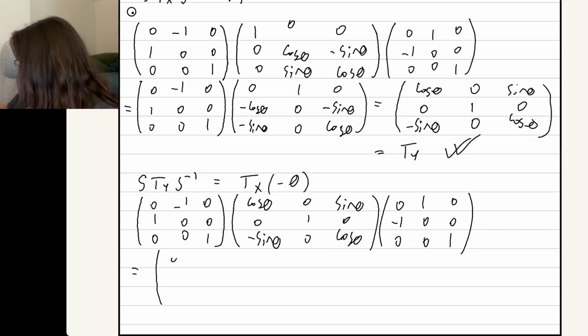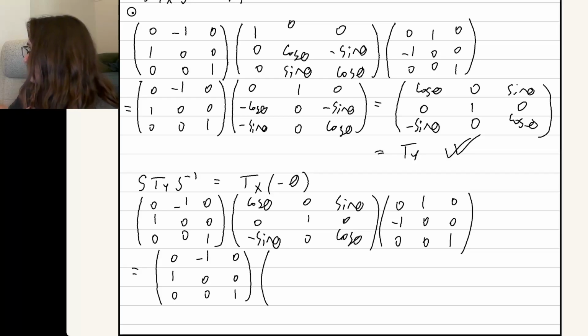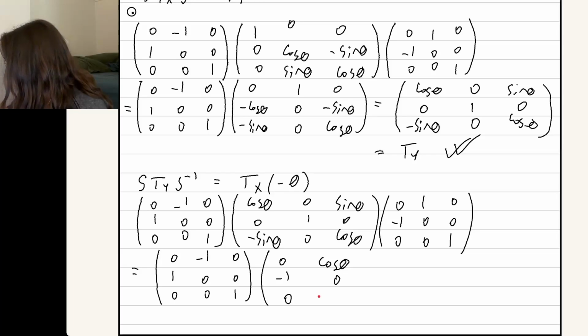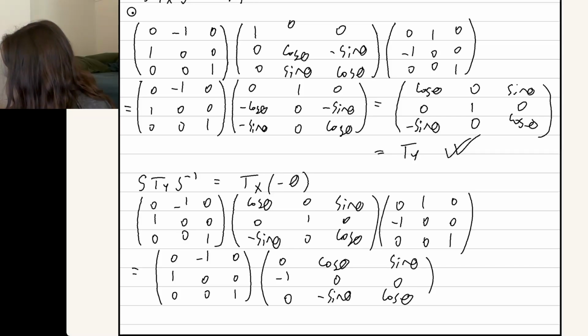So just doing the latter two of those matrices, multiplying those together, I'm getting 0, minus 1, 0, cosine theta, 0, minus sine theta, then sine theta there, 0 here, and then cosine theta here, right?